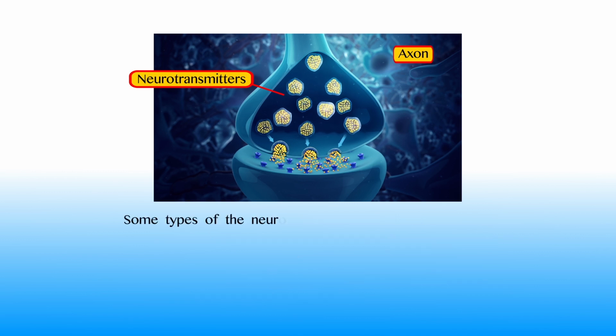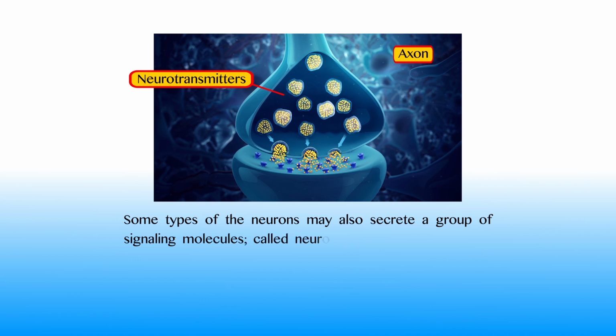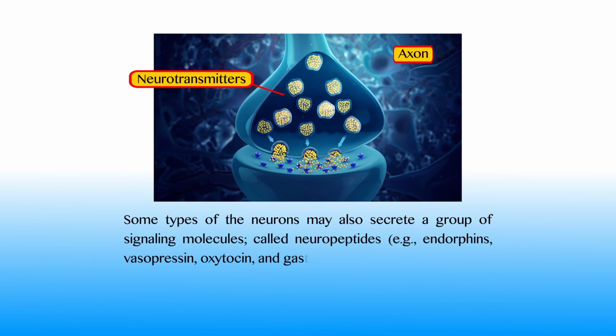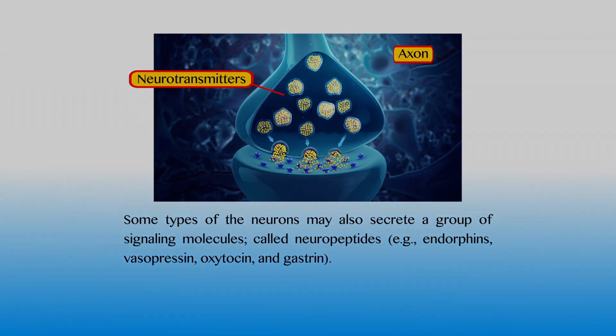Some types of neurons may also secrete a group of signaling molecules called neuropeptides, for example, endorphin, vasopressin, oxytocin and gastrin. Neuropeptides are also stored in vesicles, which are different from the vesicles of the neurotransmitters.